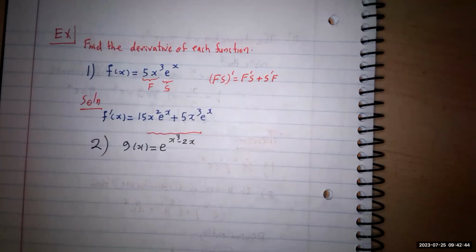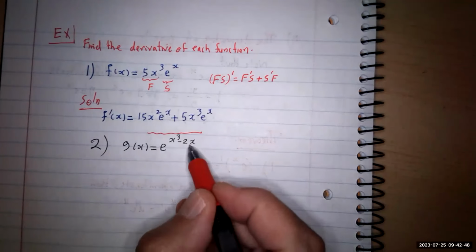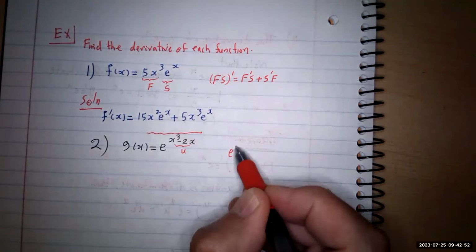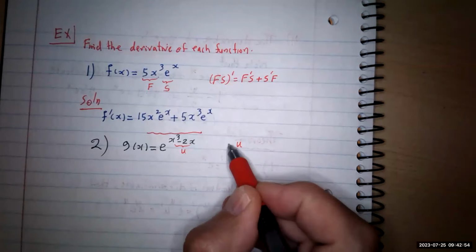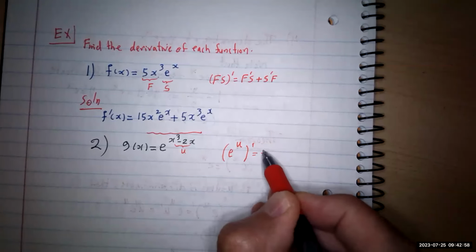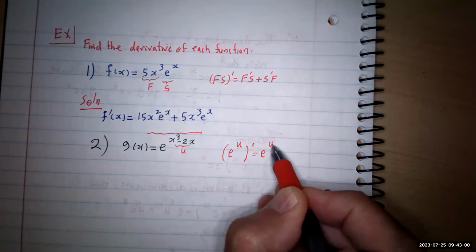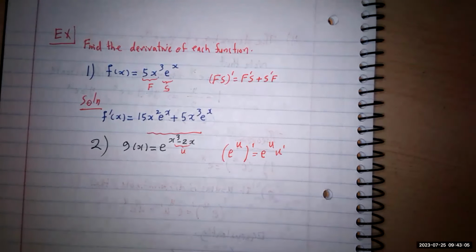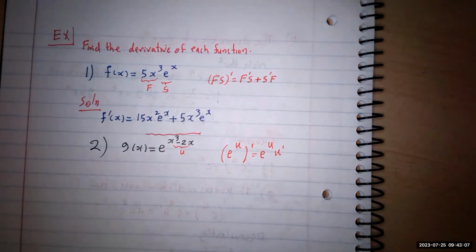So keep in mind that it's something else. We're going to call this one u, and then you have to find the e to the u. Now we have to apply the chain rule. The exponential function stays the same, but we have to multiply by u prime. That's the difference between the first group and the second group.